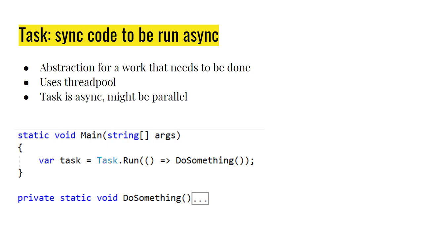So to run synchronous code asynchronously, we can do something like this. Note that this is not the same as a task. We will talk about this in the next lesson. Task.Run is not a complete replacement for await Task or something like that.